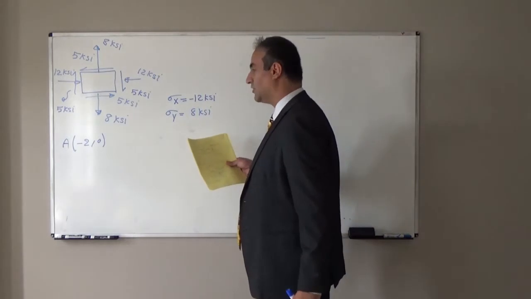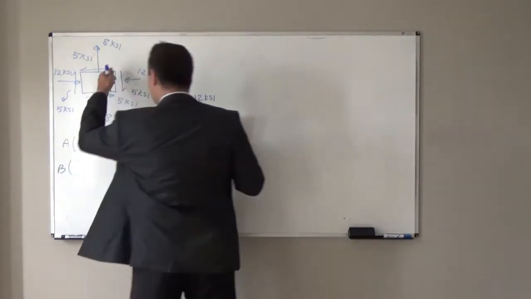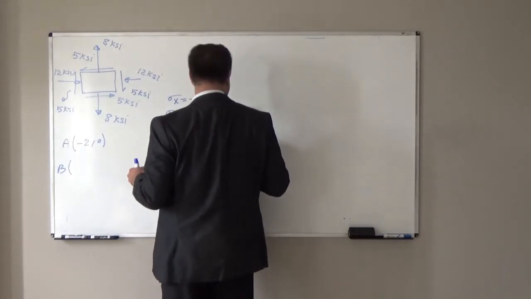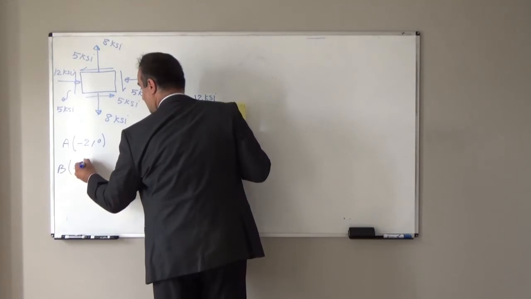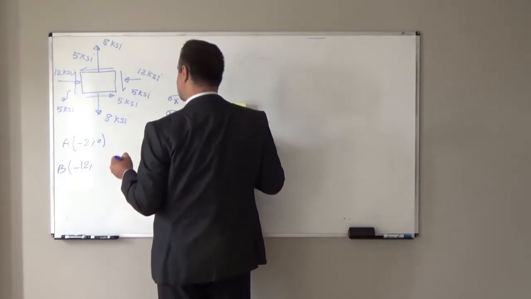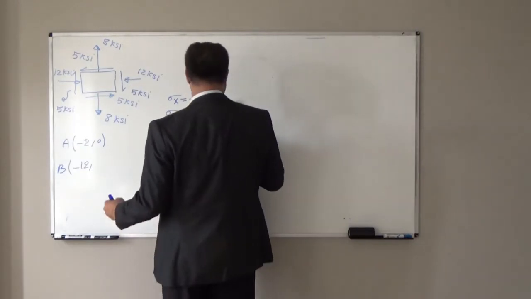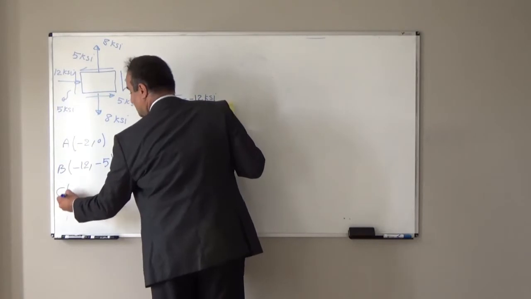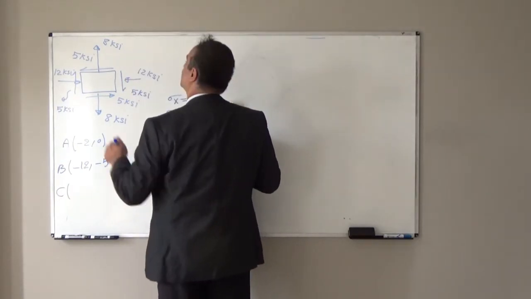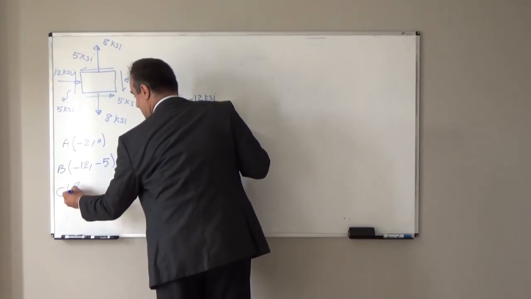Point B will be the stress on the x phase of the element. On the x phase of the element, the normal stress is negative 12. Shear stress is negative because it rotates the element clockwise, so it is negative 5. Stress on the y phase of the element: normal stress is tensile stress, so it is positive 8.